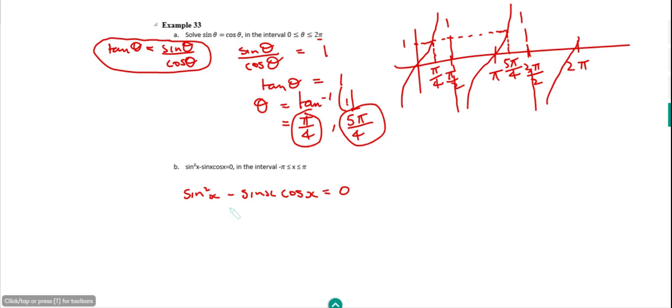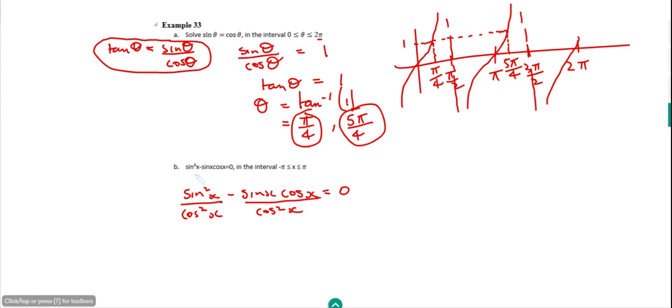So if I was to divide both sides and every part of this by cos squared theta, what I'd actually get is cos squared underneath that fraction, and also cos squared underneath this one. And obviously 0 divided by cos squared x is still 0.